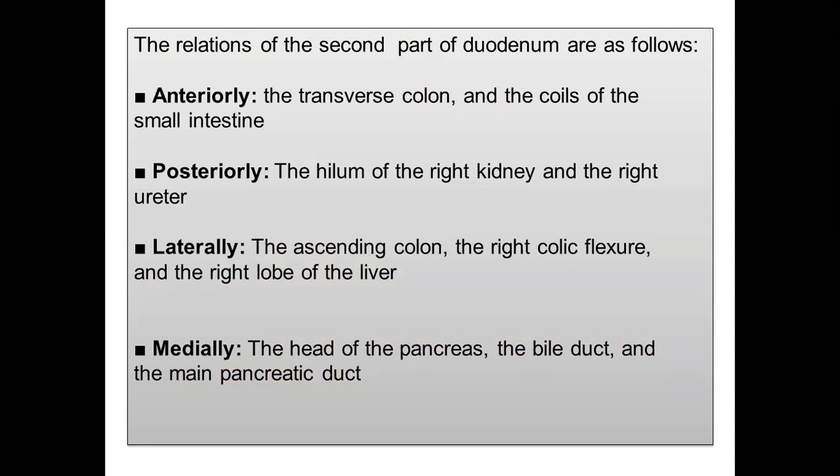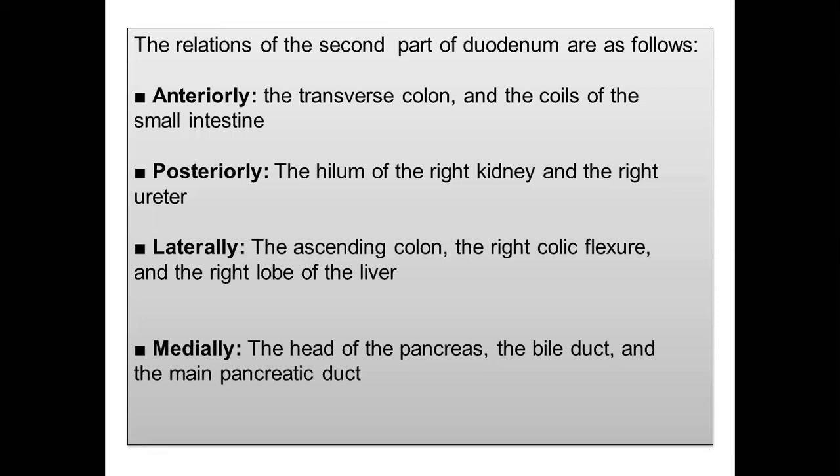Anterior to it lies the liver, and posteriorly lie the kidney and ureter. Medially there is the opening of the bile duct and the pancreatic duct, that is the ampulla of Vater.